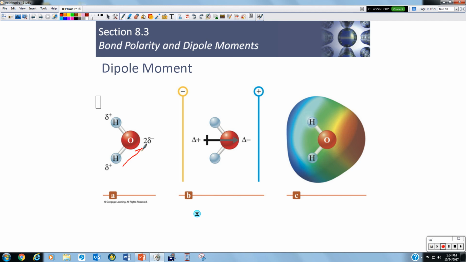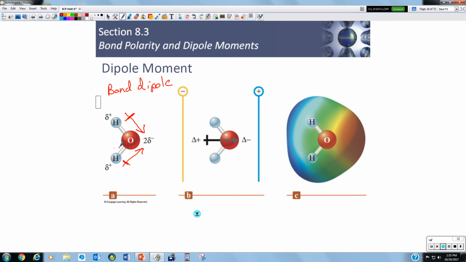Towards the negative. So I'm going to draw it there, and then I'm going to draw it there. Now, this first one is a bond dipole. This is just showing the dipole between two bonds, between the hydrogen and the oxygen.